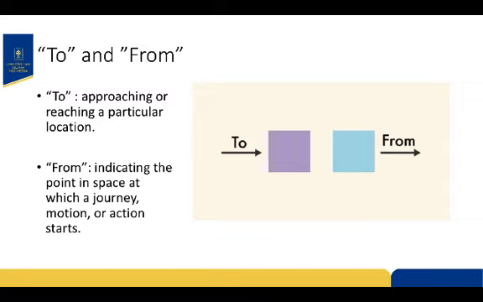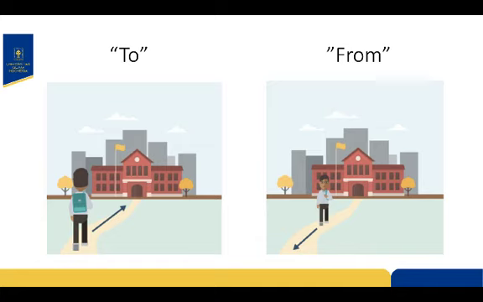Let's have a look at the use of these prepositions in a sentence. Here we have our character Ahmad. On the left side, how do you describe this picture of Ahmad using the preposition of movement to?